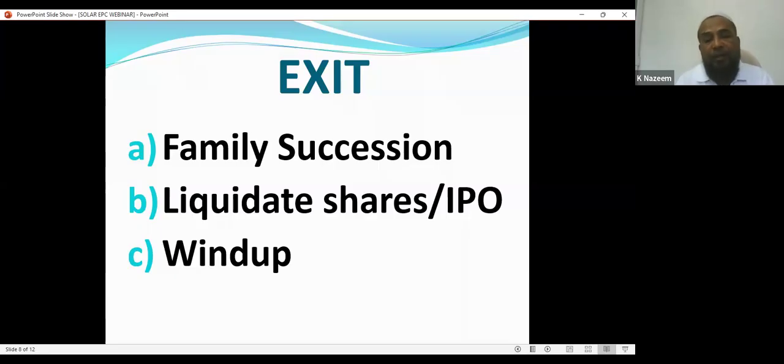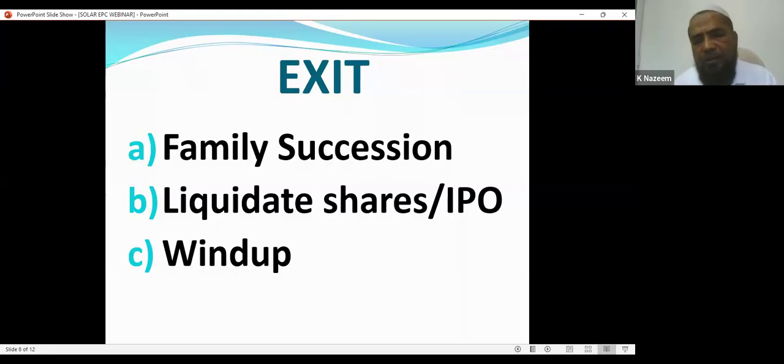If nothing is happening, then it is really wise, it's prudent, to wind up the company at the right time, because the more you delay, the more losses will pile up. So you need to consult your chartered accountant, your family members, your well-wishers, if it is really wise to wind up the startup company or whatever company you are having at the right time.